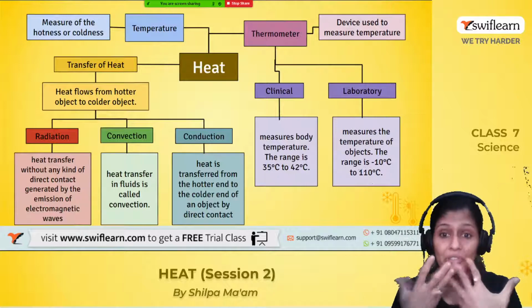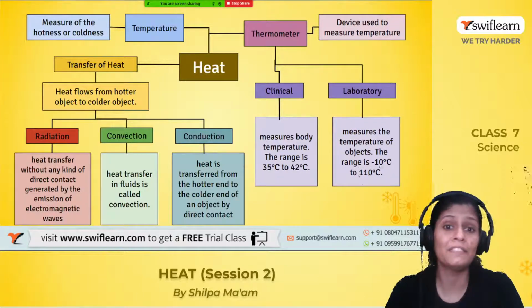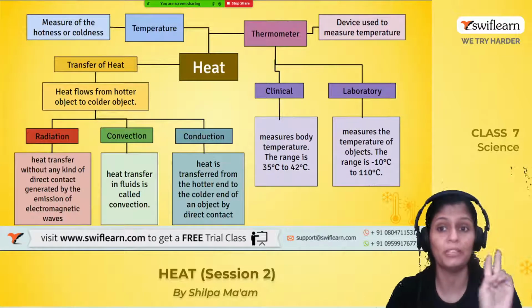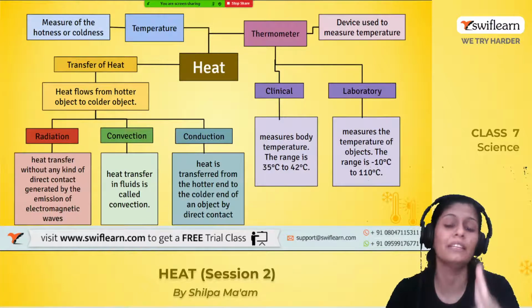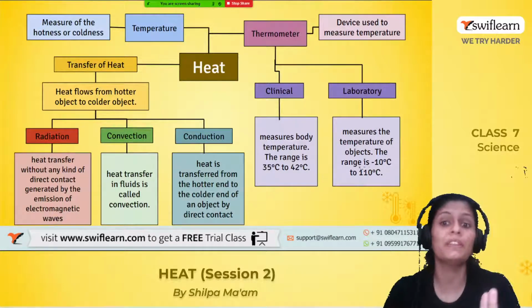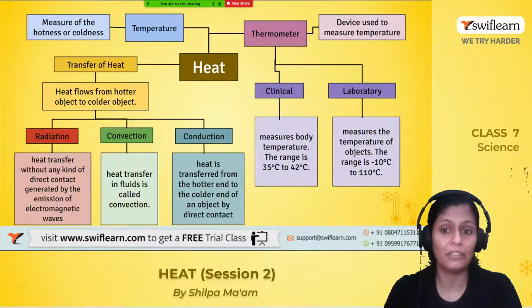Now, a thermometer is a device which is used to measure temperature. There are two types of thermometers: clinical and laboratory. Yes, two more are there: digital and maximum-minimum. These are the basic categories that are known to us: clinical and laboratory.